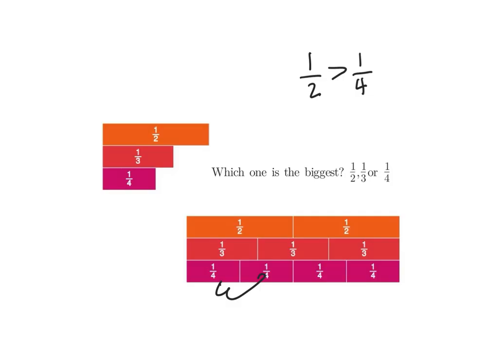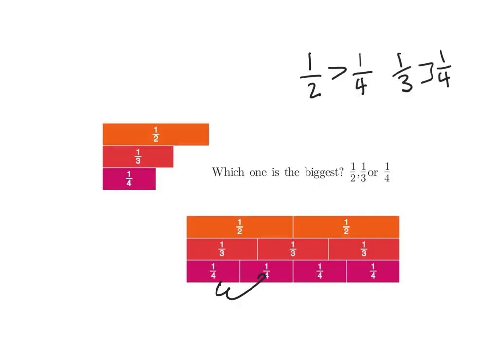And then we could say that 1/3 is greater than 1/4. As you can visually see lined up over here, 1/4 is a little bit smaller than 1/3. Another way to represent this is to get common denominators.